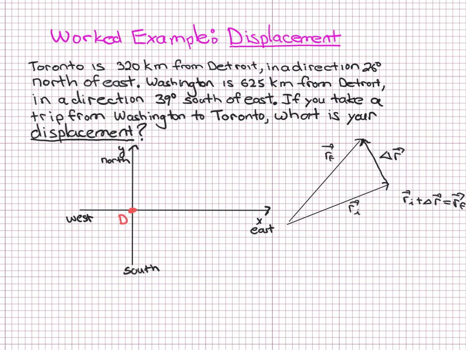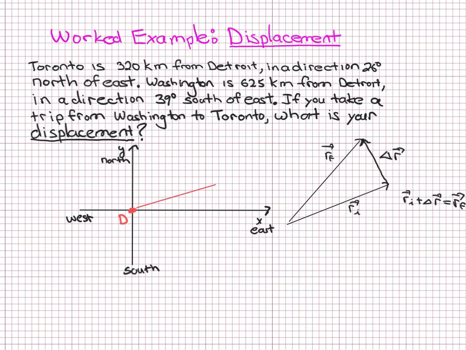And now we're told that Toronto is 320 kilometers from Detroit in a direction 26 degrees north of east. So I'm going to draw a line. I'm going to make it approximately 26 degrees north of east.